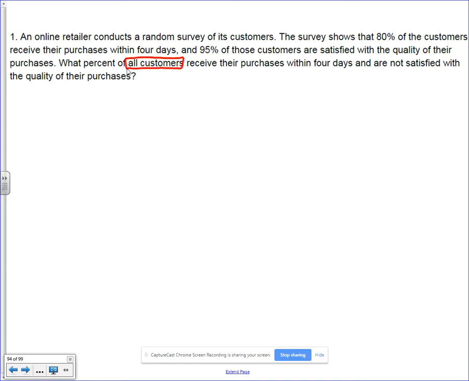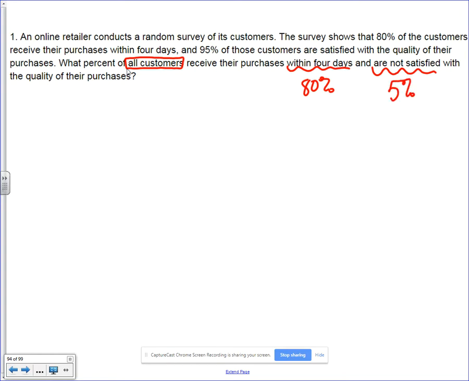Okay, so the first kind of separation that we have is 80% receive their purchases within 4 days. Then of those 80%, 95% of those people are satisfied, which means that 5% would not be satisfied.